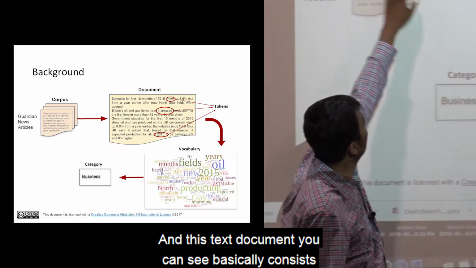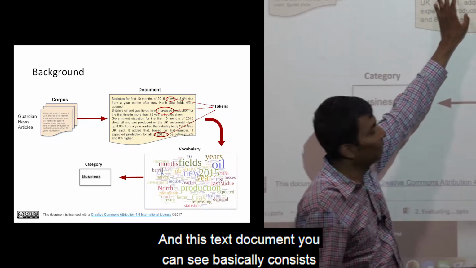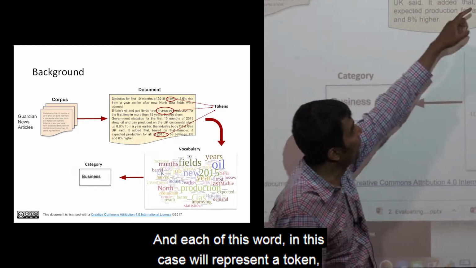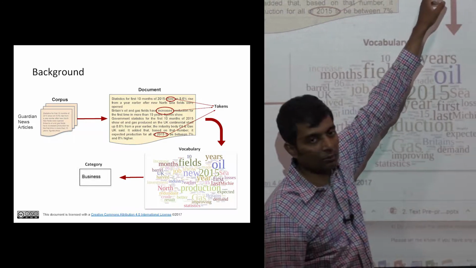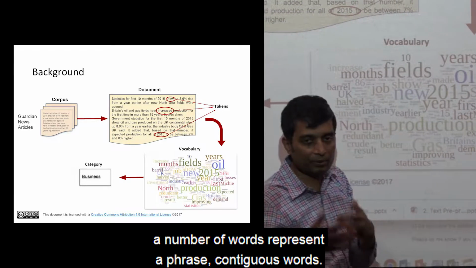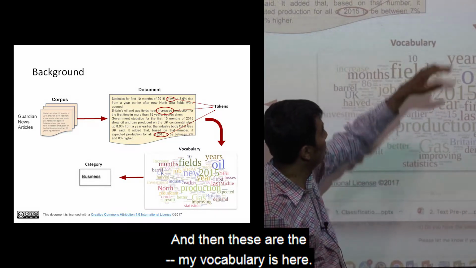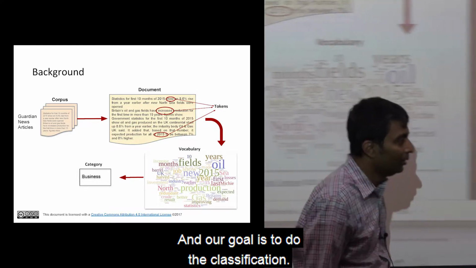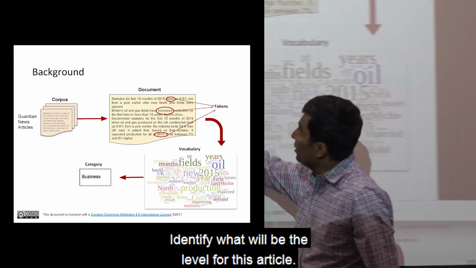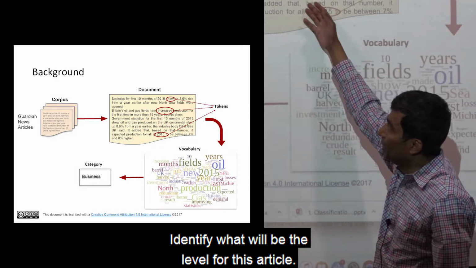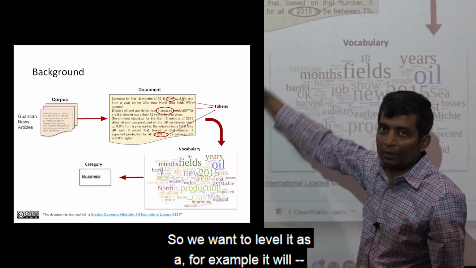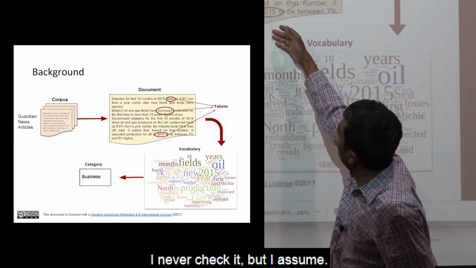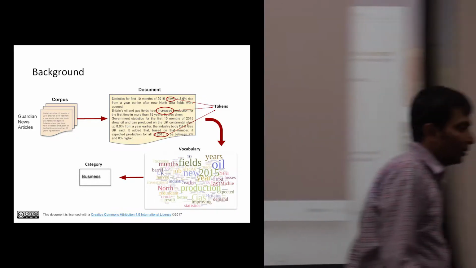This text document basically consists of a bag of words, and each word in this case represents a token, and a number of contiguous words represent a phrase, and then these are my vocabulary here. Our goal is to do classification, to identify what the label for these articles will be. For example, it should be labeled as business. Do you agree with that example? I never checked it, but I assume.